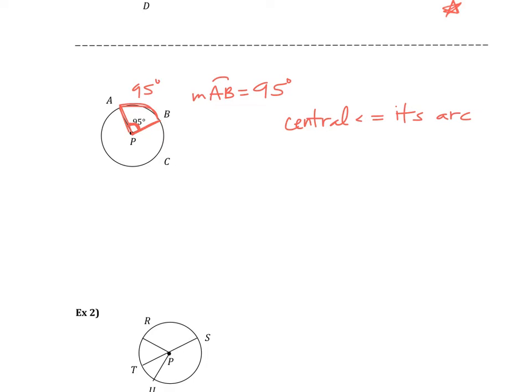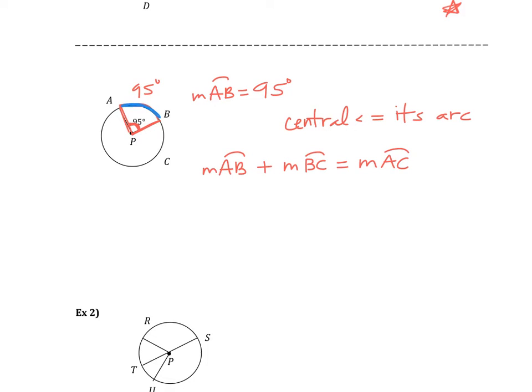Okay, and that brings us to the arc addition postulate. If I take the measure of arc AB, and I add to it the measure of arc BC, the addition postulate says that's going to equal the measure of arc AC, right? So the two pieces added together equal the whole thing.